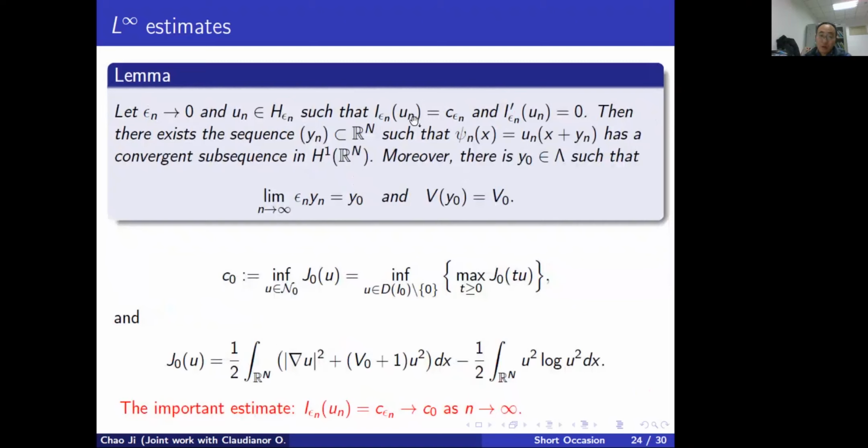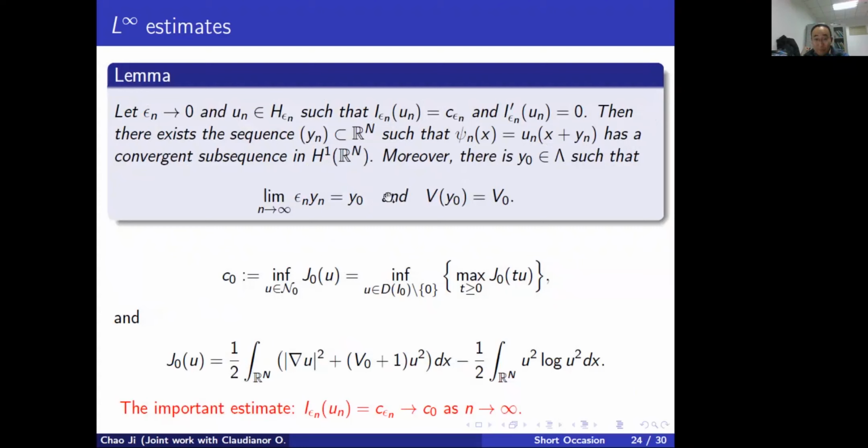Here u n is a critical point of the modified functional I epsilon n. We can prove that if this holds, then there exists a subsequence y n such that phi n of x equals u n of x plus y n, a translation, has a convergent subsequence in H1 of Rn.